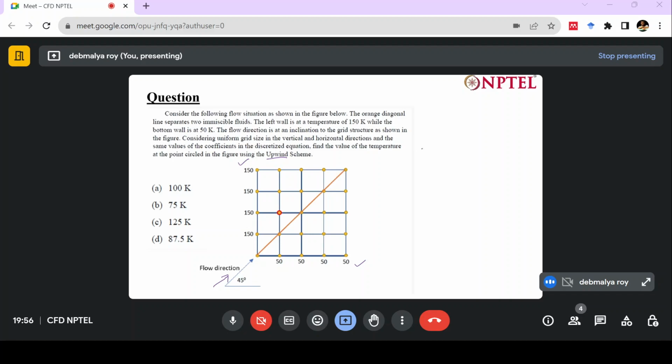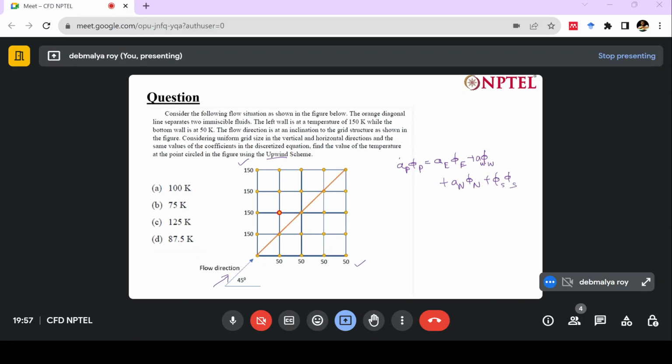Our discretized equation will be something like this: AP phi P equals sum of neighbor terms plus B. In this case it has four control points: from the east, west, north and south.